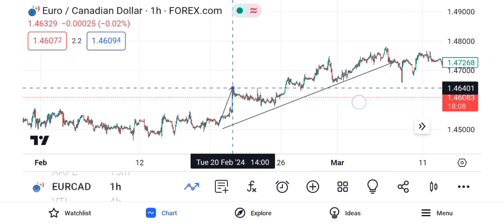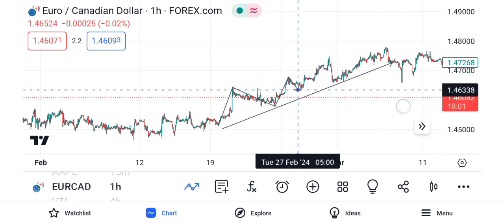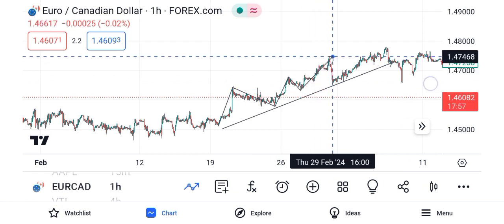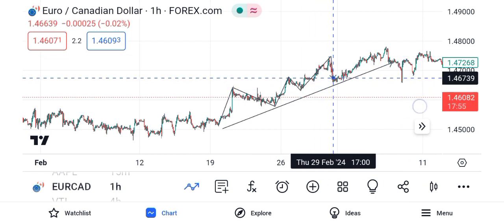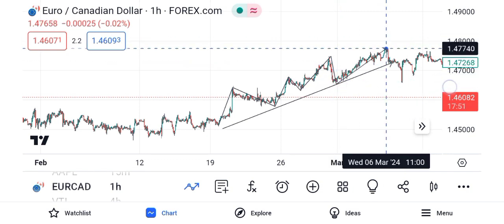You notice that this is an impulsive move, and this is the retracement up to this point here, and this also an impulsive move, this also a retracement, this also another impulsive move, this also a retracement here, and this also another impulsive move up to this point here.